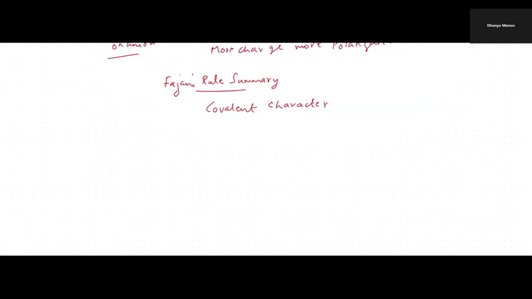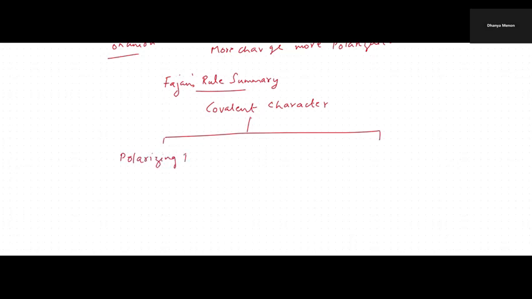So covalent character depends upon two factors. One is the polarizing power of the cation, and for the anion it is polarization.